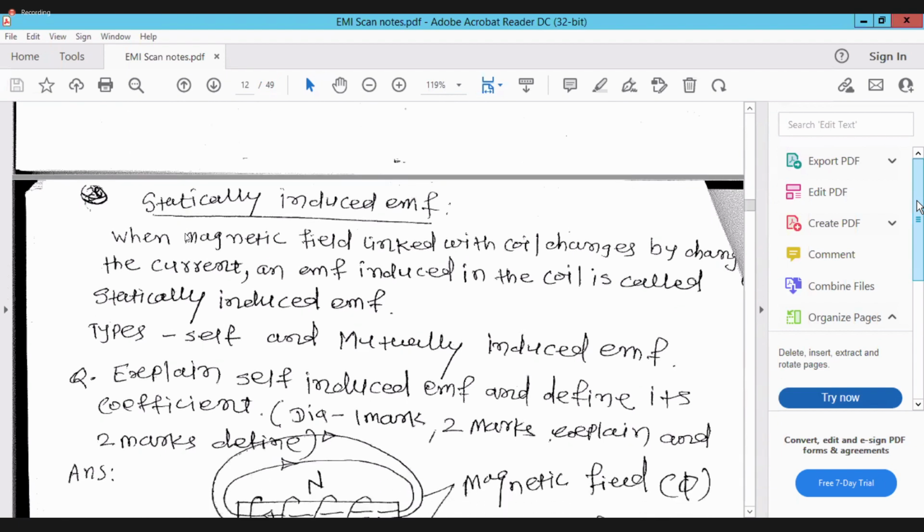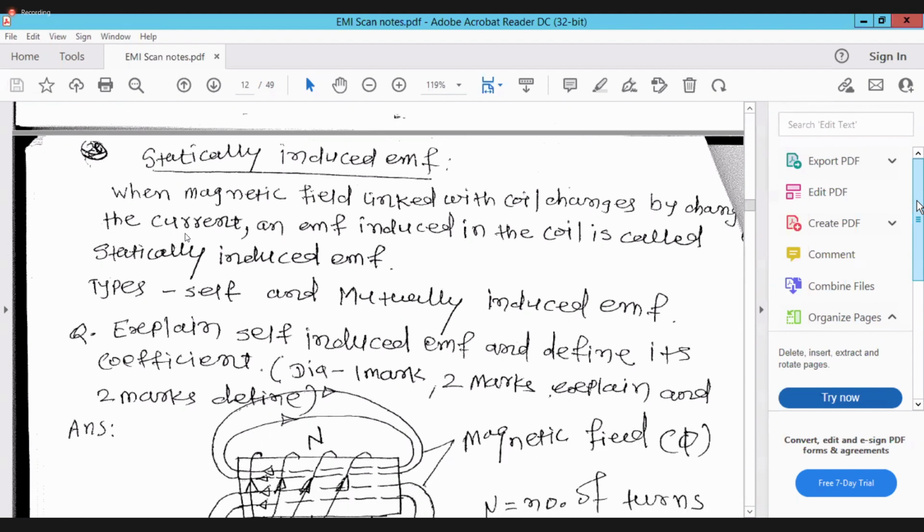Then statically induced EMF. It is electromagnetic: there is a change of flux by change of current. Here there is no movement in any part, either in the magnet or in the coil. There is no motion.